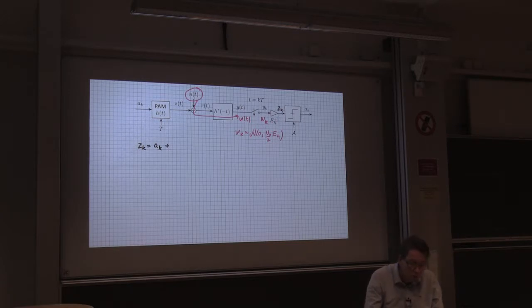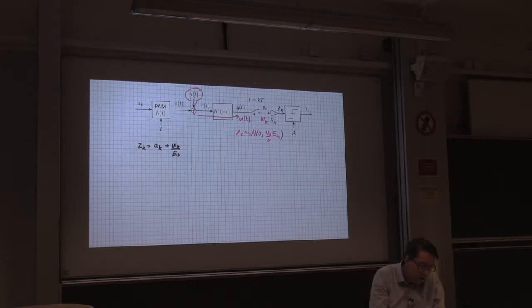And what is the noise contribution? It's W of k divided by EH. The division by EH comes from going from here to here, where we divide by EH. So zk is equal to ak plus Wk divided by EH.